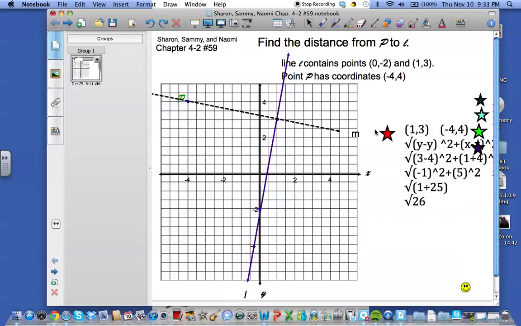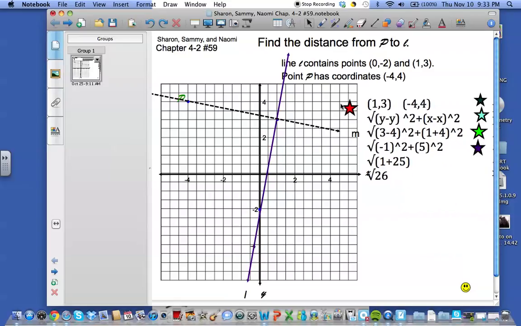And our last step, which might be the hardest, is to find the distance from point P to line L, which is generally right here. And to do that, we plug both points into the distance formula, y2 minus y1 squared plus x2 minus x1 squared.